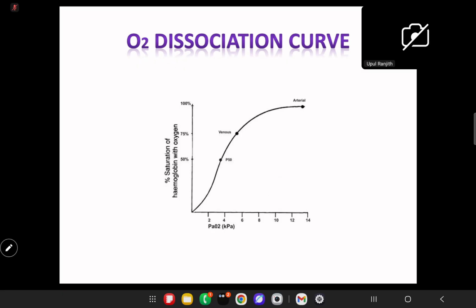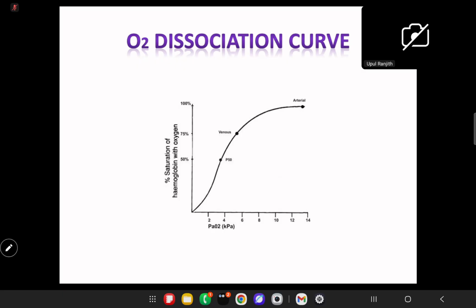You mark this P50. You draw a horizontal line starting from 50% until it meets the dissociation curve, and then draw a vertical line down from there. The point where that line crosses the x-axis is the P50 value.